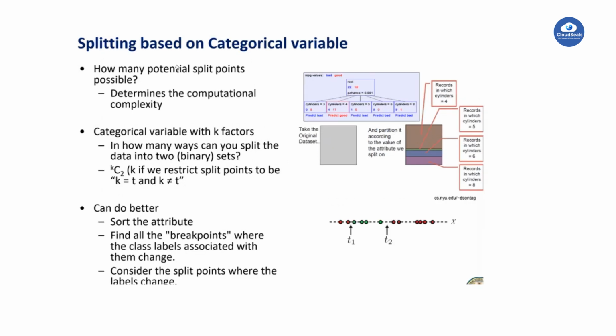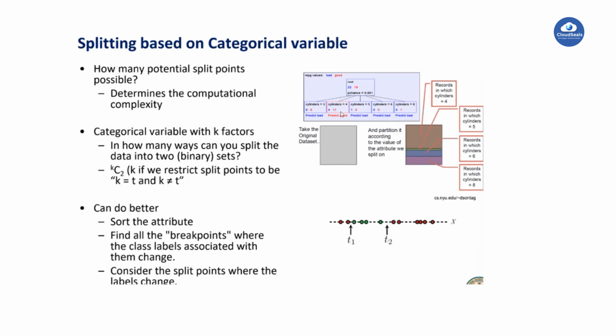Let's see how many potential split points are possible, which determines the computational complexity. For example, here the values are bad and good. This is the problem. Root value.